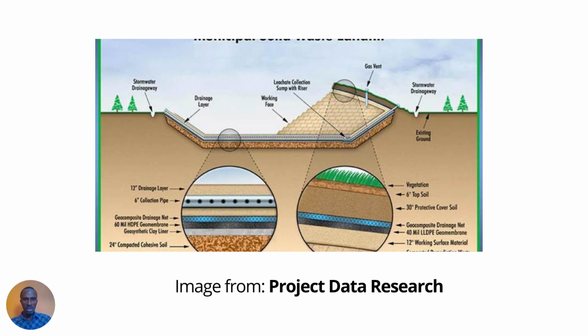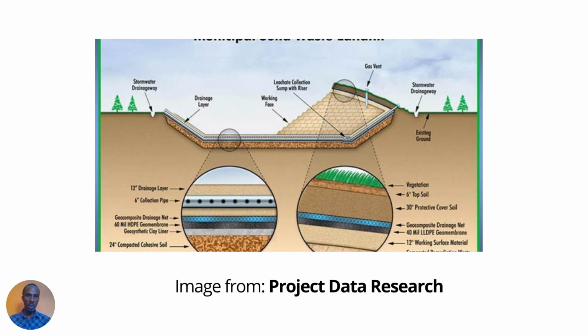So the landfill has been illustrated in that image, whereby we have those liner systems which prevent the leachate that could arise from the waste in the landfill from contaminating the surrounding soil and the groundwater.